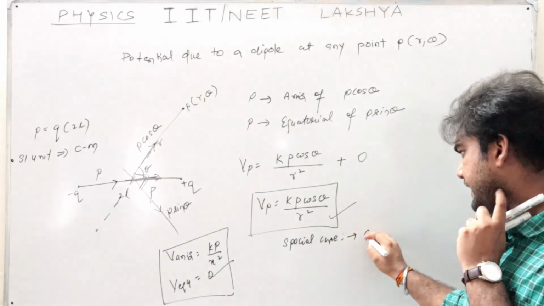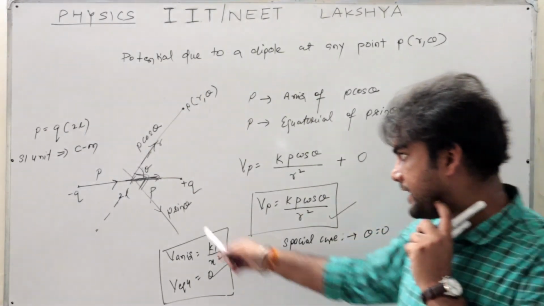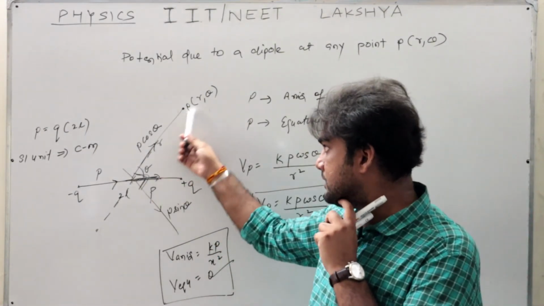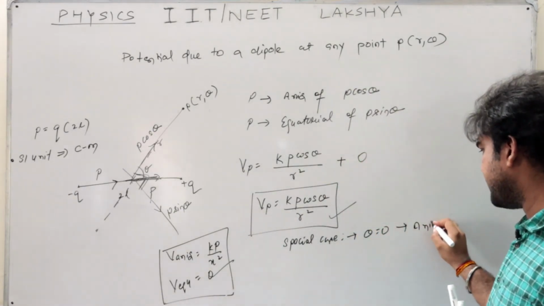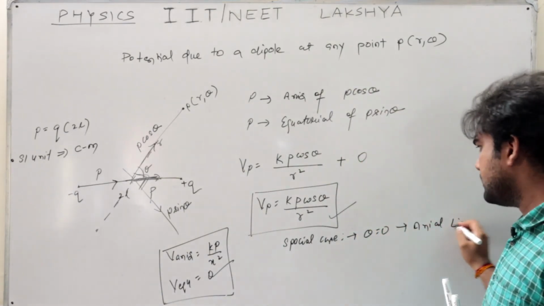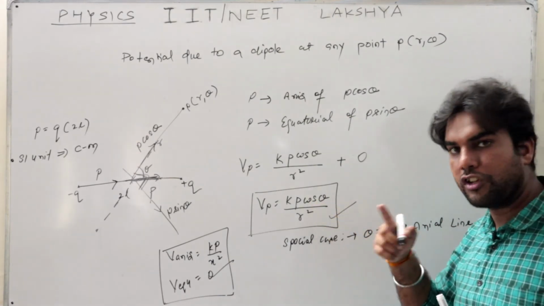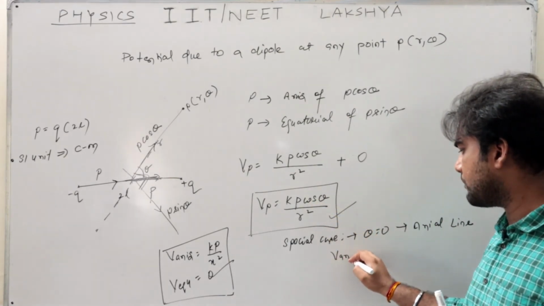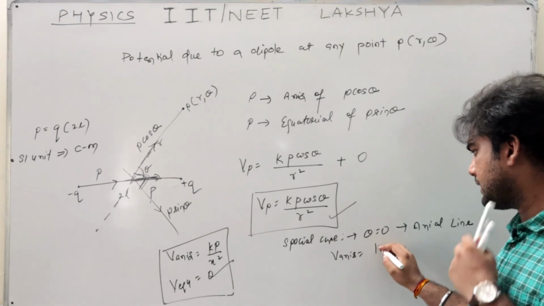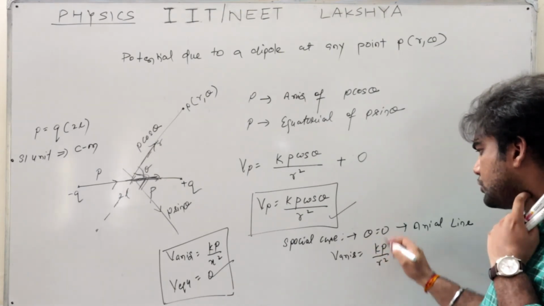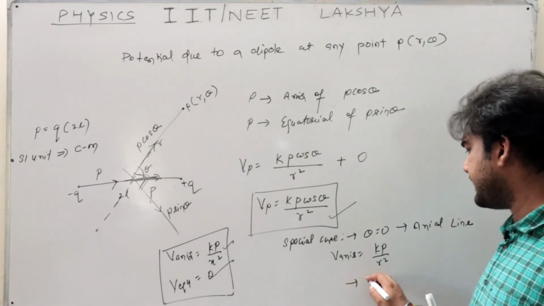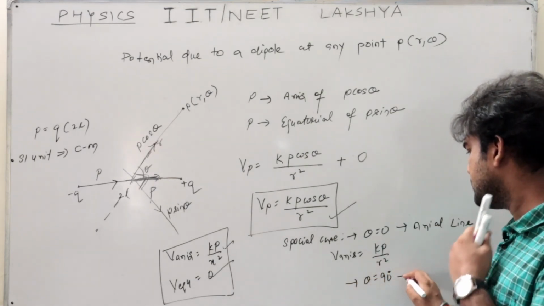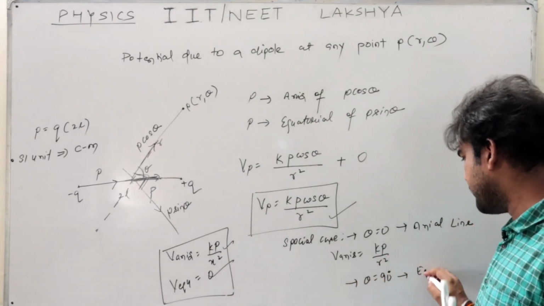Now take a special case. If you put theta equal to 0 degree, then this entire case becomes that of the axial line. Cos 0 is 1, so V axis becomes Kp by R square, which we have already derived. And if you take theta as 90 degree, that becomes your equatorial position.